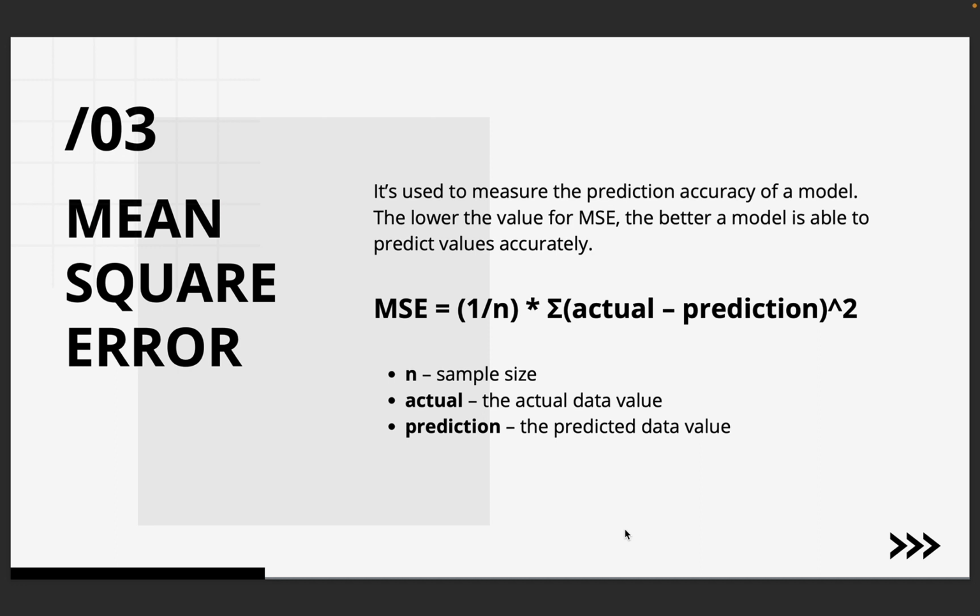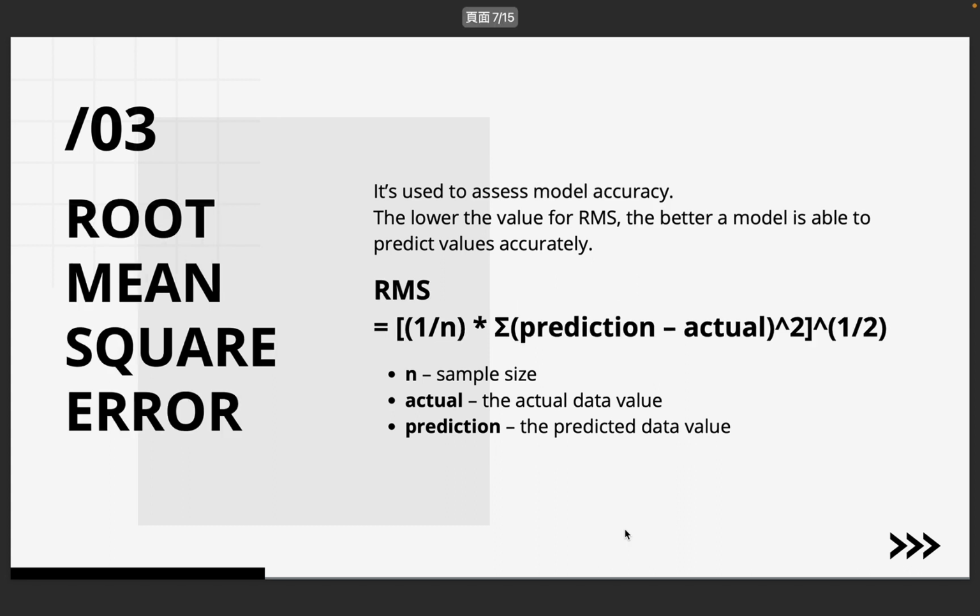The mathematical formula is that we first subtract the difference between the actual and predicted price, then square it and sum all of them. After that, we get the average of it, and that becomes our mean square error. Next comes the root mean square error.